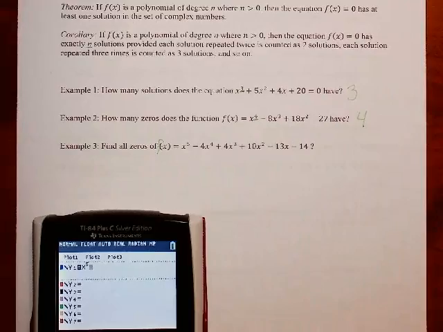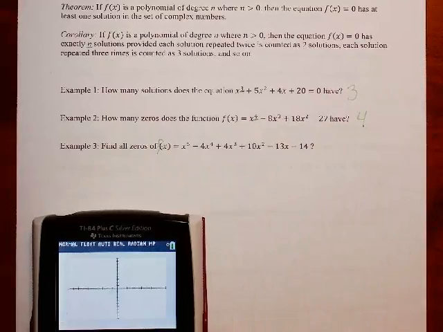So we are going to type in our equation into our graphing calculator. And we are going to hit graph. And there's our graph.